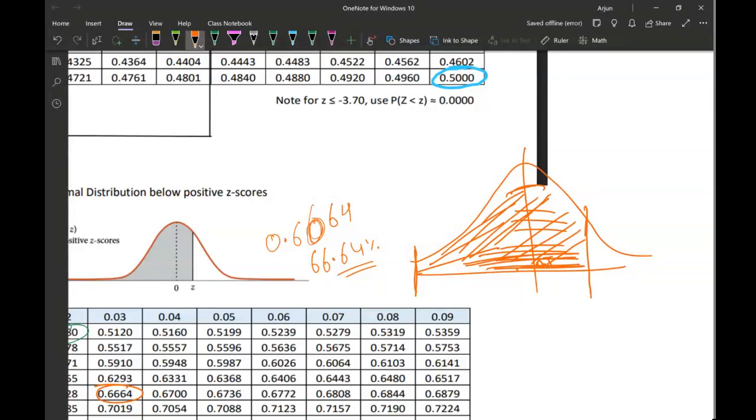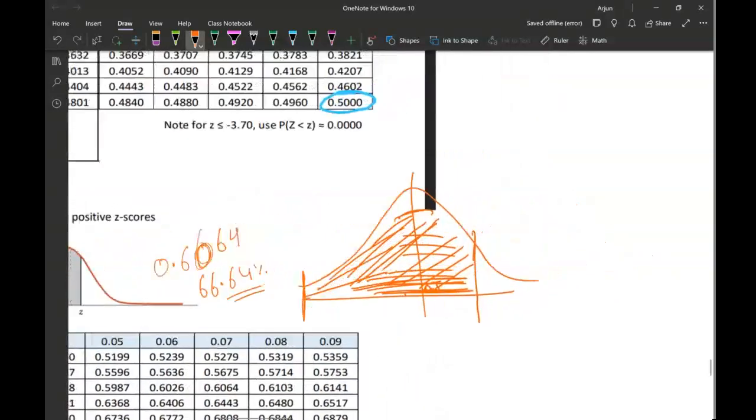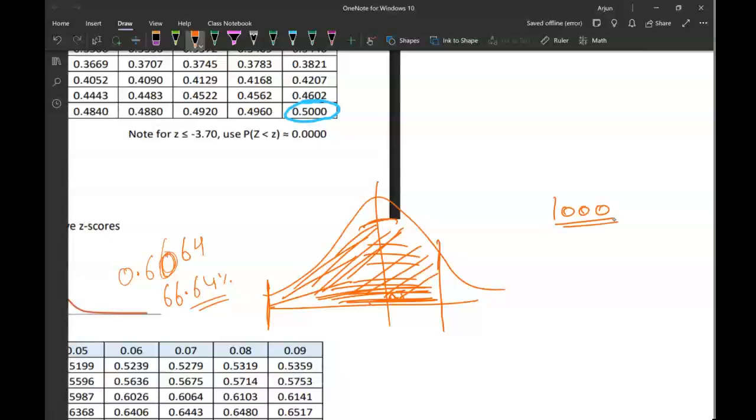Okay, now in reality the word area, I will now convert it into the data. So it means if there are 1,000 data points, out of that 66.64% of the data points are covered up to this point in the given question.